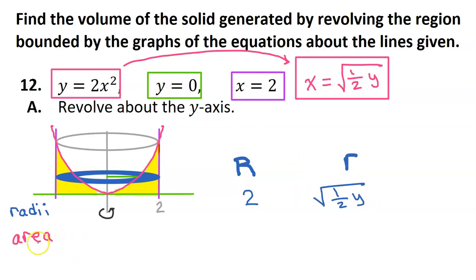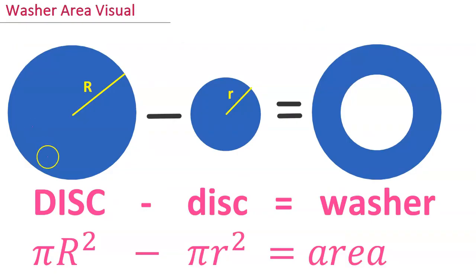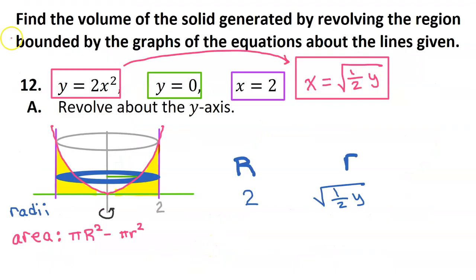Step 2 is to find an expression for the area of the washer. The area of the washer will just be the area of the big disk minus the area of the small disk. So the area of the washer will be pi big R squared minus pi small r squared. Well, here's big R and here is small r.